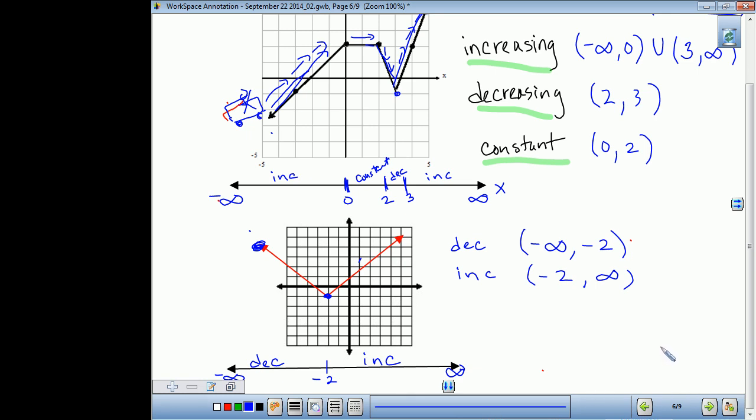Yes? Do you ever have to use the brackets, like instead of the parentheses? That is also a good question. It is accepted if you use the bracket on the number. I do not, because when I think about this point right here, I think I'm decreasing until I get to this point. At this point, in my brain, I go, a change is happening.